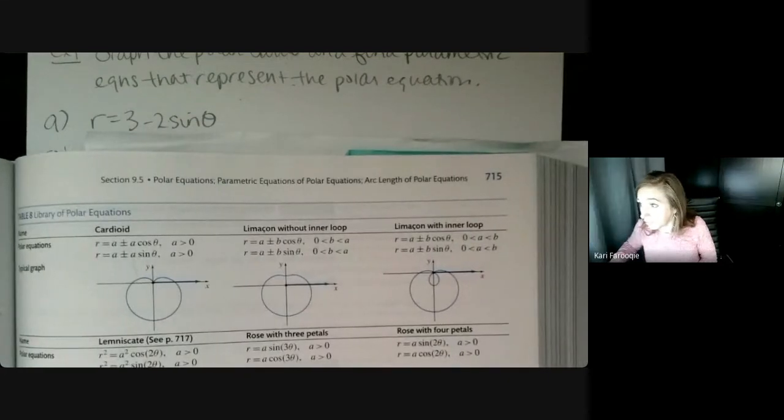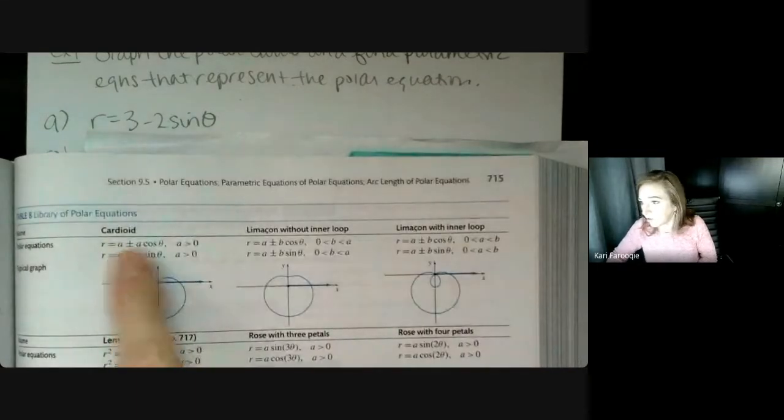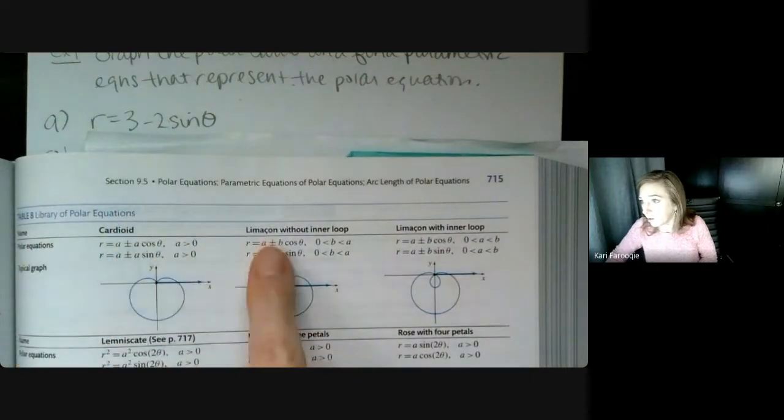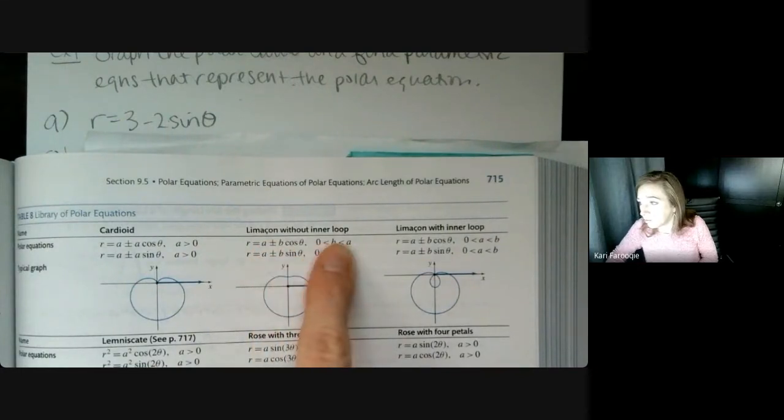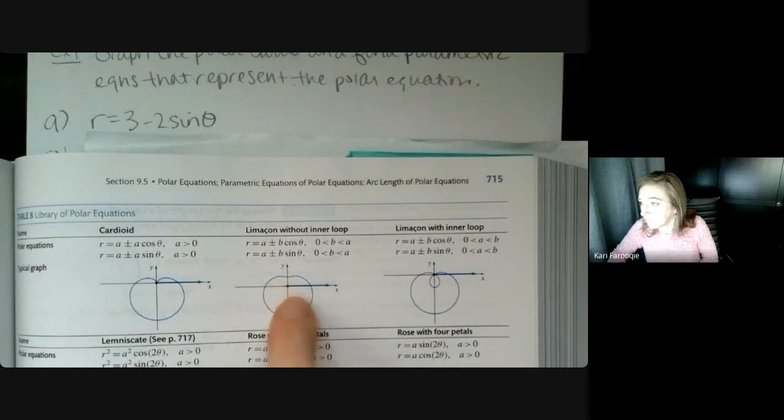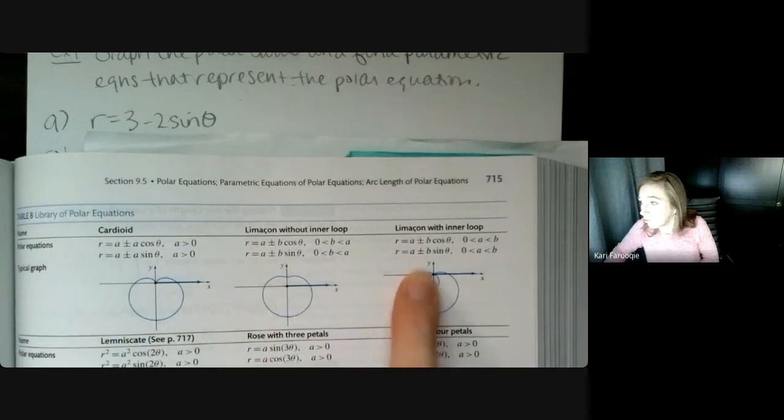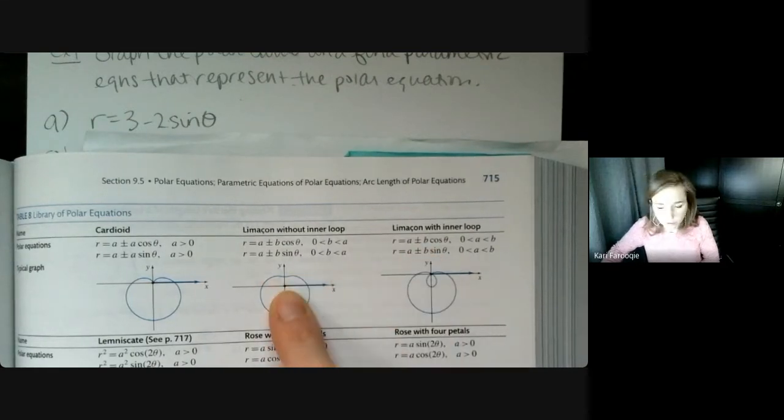A would be 3, B would be 2. So A is greater than B, and we can't use the one where the coefficients are the same. In our case, they're not the same. Our A is greater than B, so we're looking at the second situation. We would have a loop if A were smaller than B, which we don't have in our case. But we have this one.